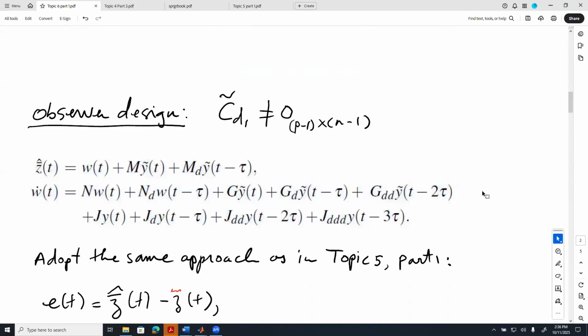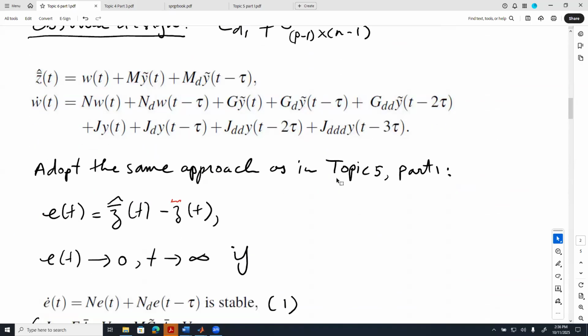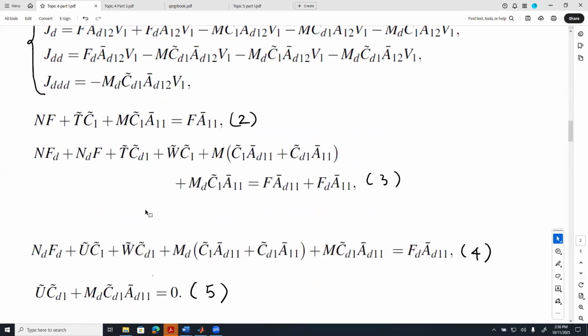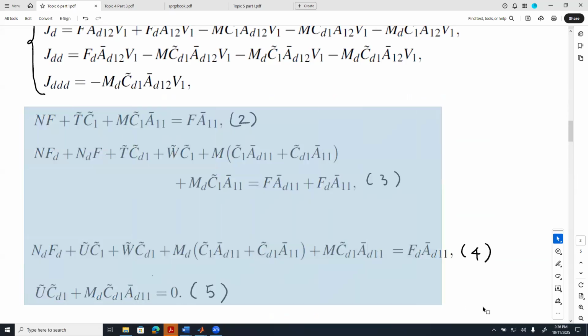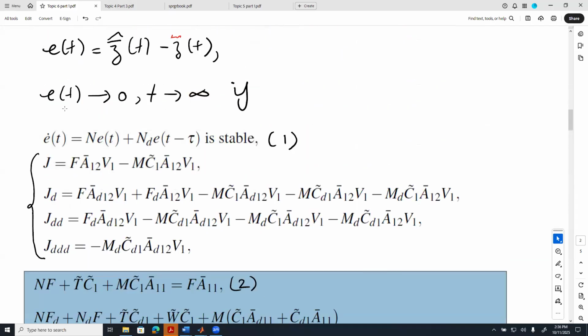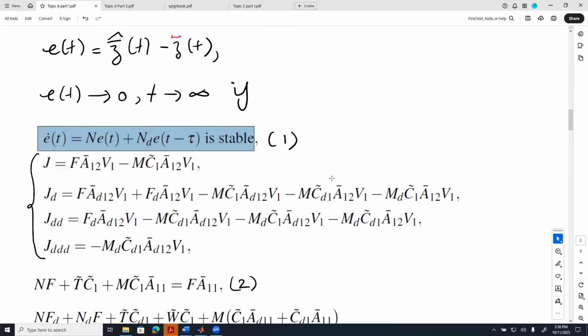We also presented an approach for deriving the existence conditions, and we presented the existence conditions. The key to that is the solution of these 4 matrix equations to ensure that this error time delay system is stable. Okay, so it boiled down to those 2 issues.